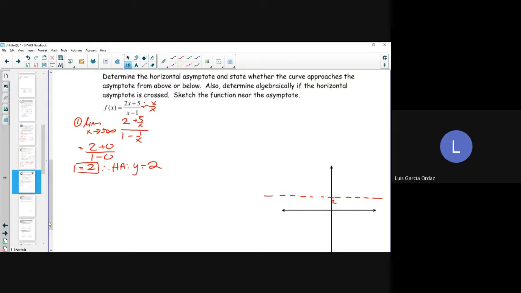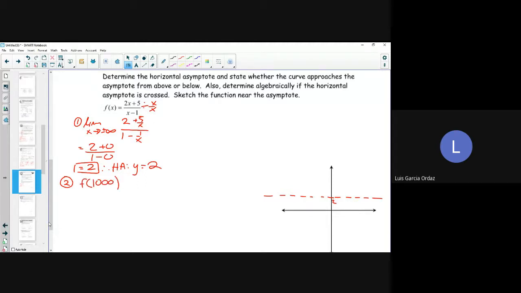So now I need to figure out what happens when I approach my x values from positive infinity and when I approach my negative infinity values. So I need to take a really big number that's obviously going to tell us whether I am coming from above the asymptote or below the asymptote. So let's try to evaluate f at a very high number.